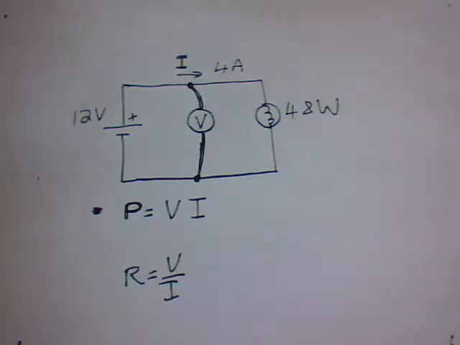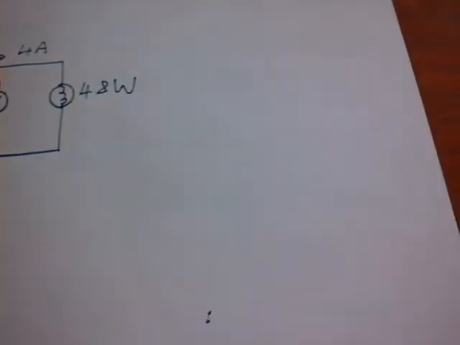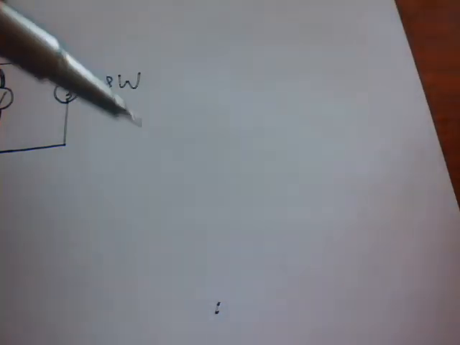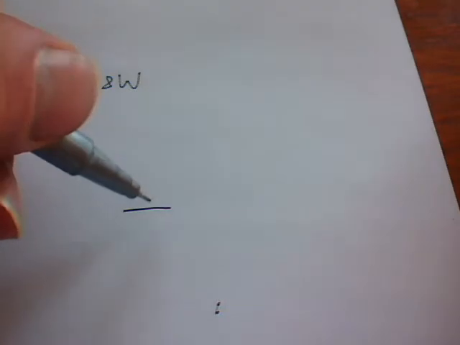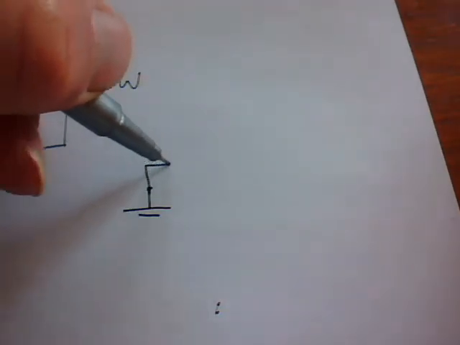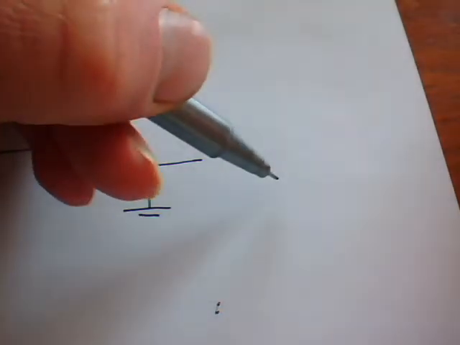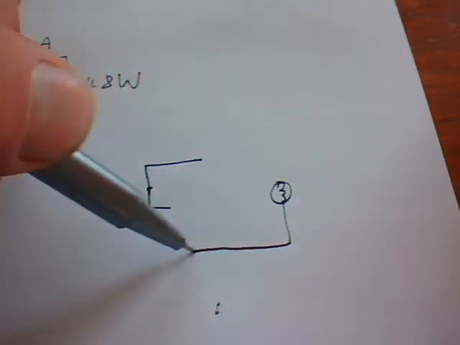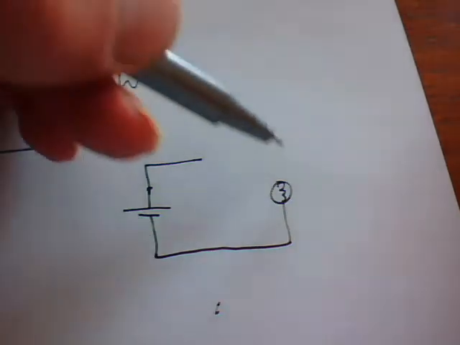Okay, but how do we measure the current in a circuit? Well, this is where it gets a little bit more complicated, because you can't just measure across, unfortunately. And the way to do this is to break the wire. So you have your wire going into your light bulb like this, and you have your return.